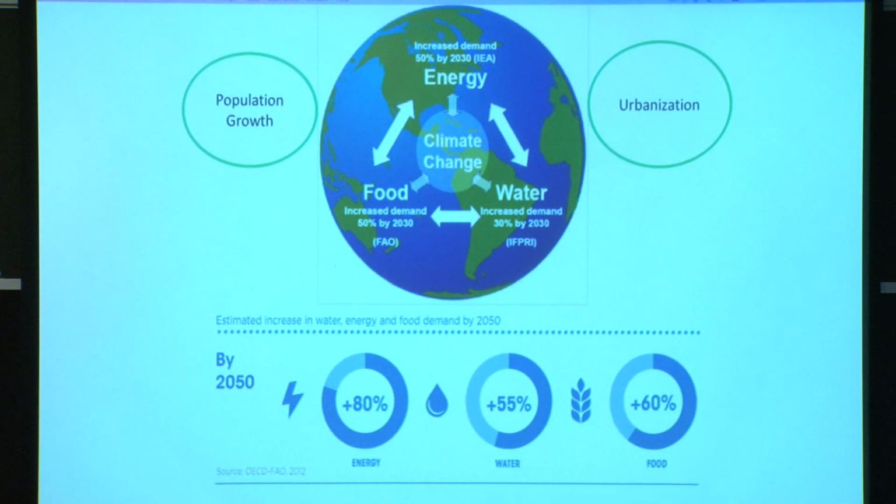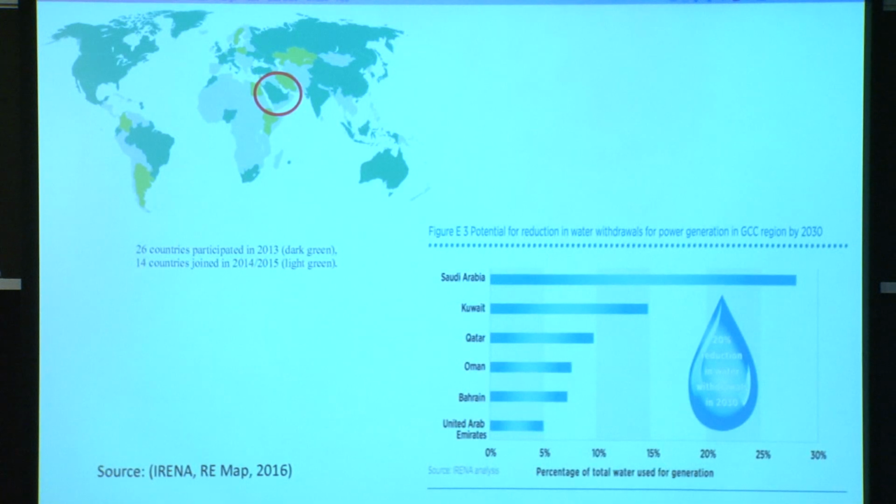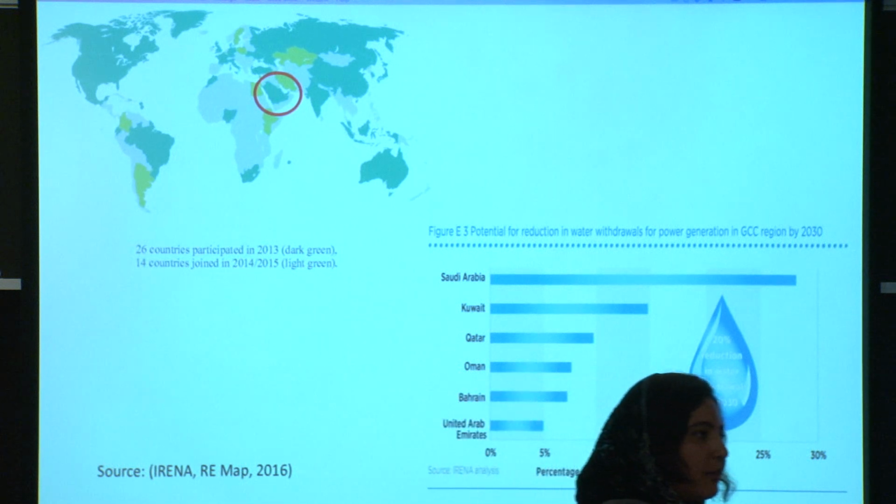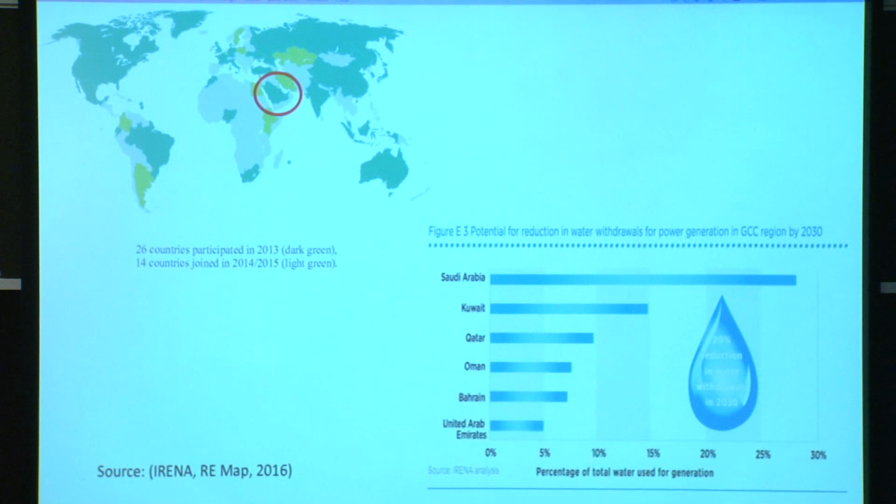And this will also focus on the interdependence, because to produce energy, we need water. To produce food, we need water and energy, between the 3. When we think about renewable energy and how we can use it for the future, we think about what others are up to in producing renewable energy, and what type of renewable energy is much more suitable for Saudi Arabia, given the conditions that we have and given the water scarcity issue.